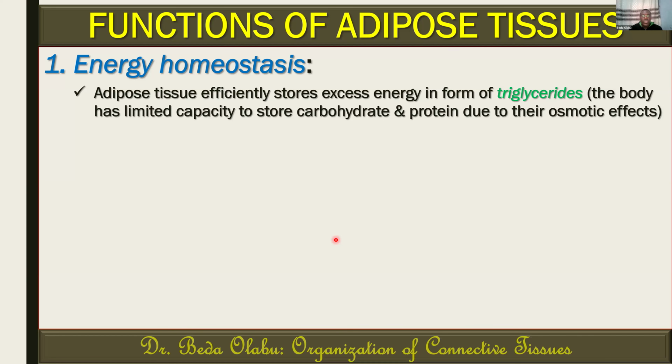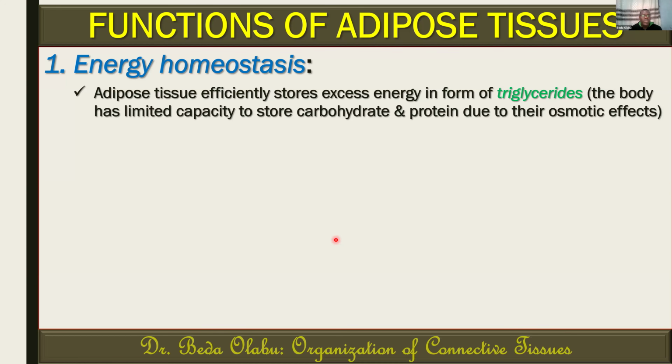It's important to note that the body has limited capacity to store energy in the form of carbohydrates and proteins, partly because these two are osmotically active. And so if you store a lot of them within a cell, they're likely to attract water, and that will have adverse effects on the cells housing these inclusions.